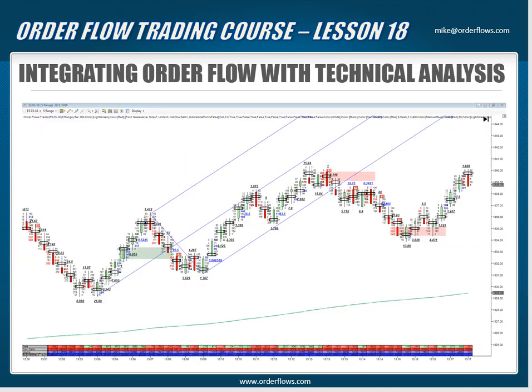Now, this is the Andrews pitchfork, and it's an interesting tool. It's an old-timers tool, but it's a tool used by people that have been around the markets for a long time.